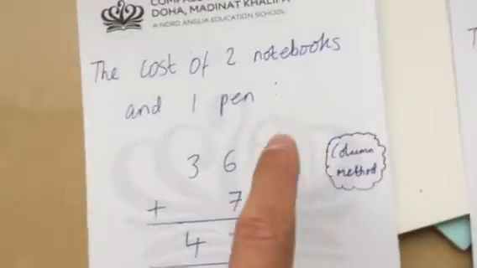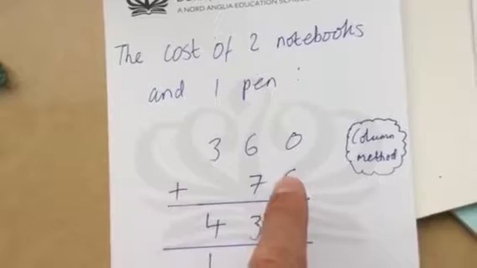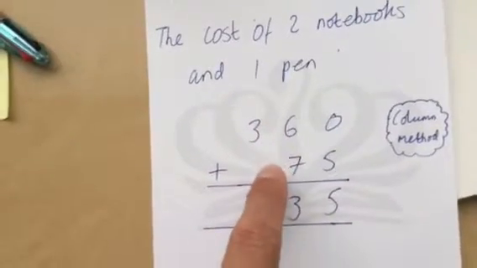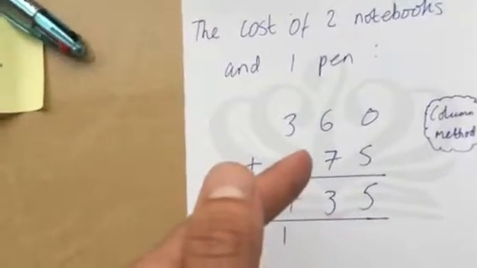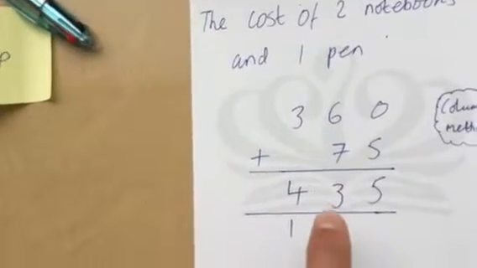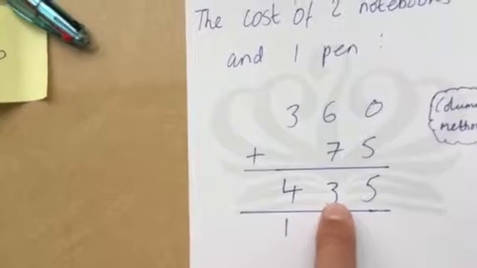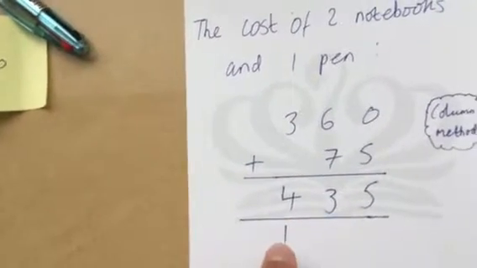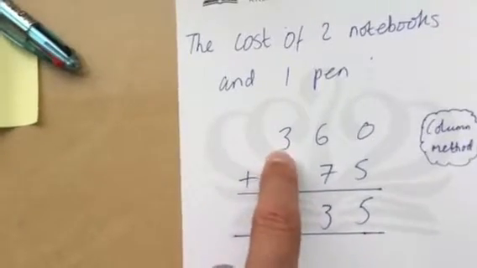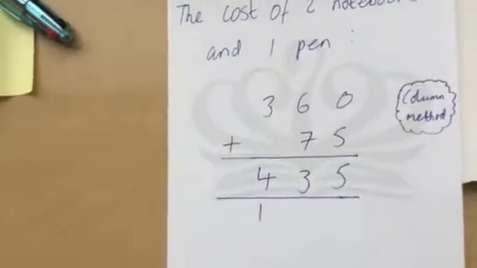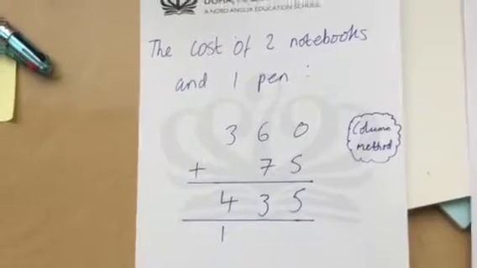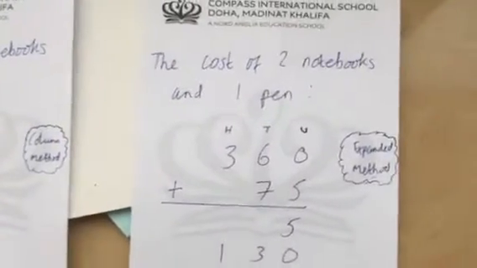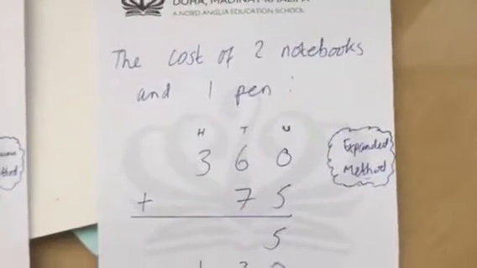So 0 plus 5 equals 5. 6 plus 7, which is actually 60 plus 70, equals 130. So we put the 3 there, and we carry the 100 to the hundreds column, and then 100 plus 300 equals 400. 435.